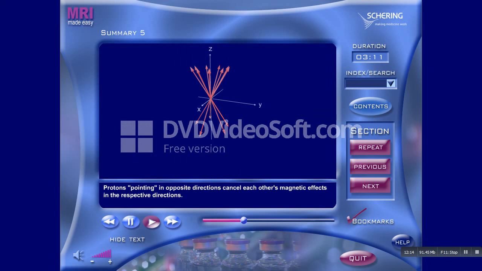Protons pointing in opposite directions cancel each other's magnetic effects in the respective directions. As there are more protons aligned parallel to the external field, there is a net magnetic moment aligned with, or longitudinal to, the external magnetic field.